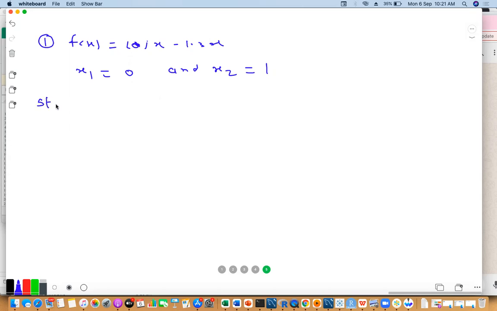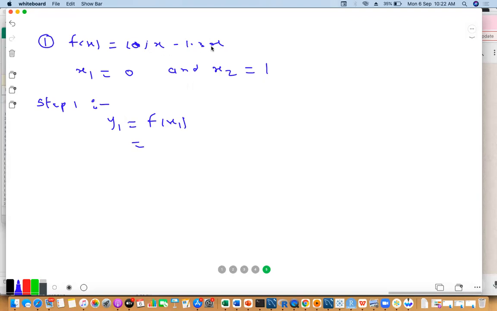Let us start with step 1. Let us check whether our initial guesses are right, and for that, what should be the condition? Let us calculate y1. y1 is equal to f of x1. What is our function?